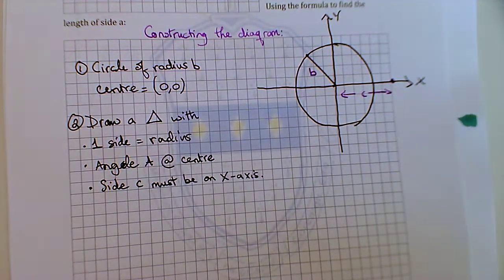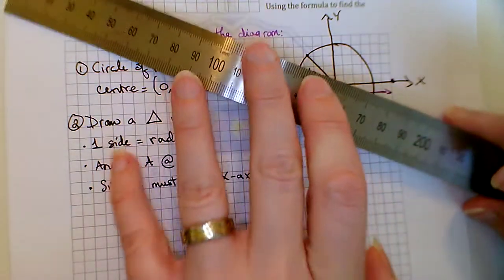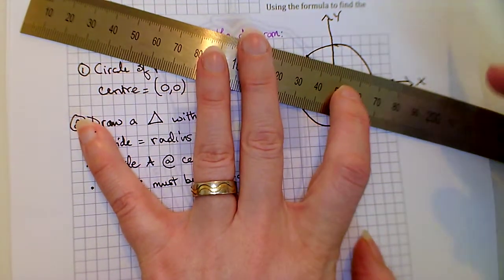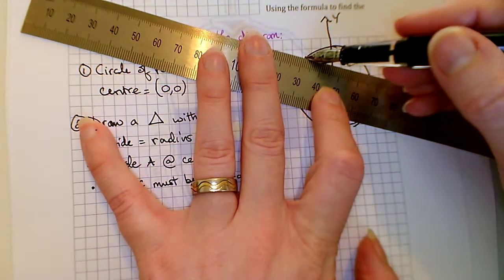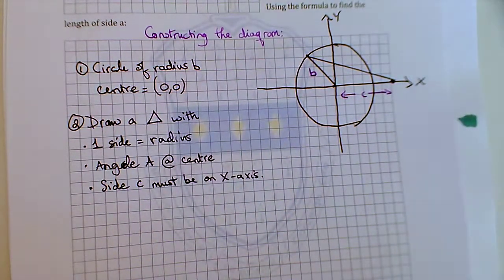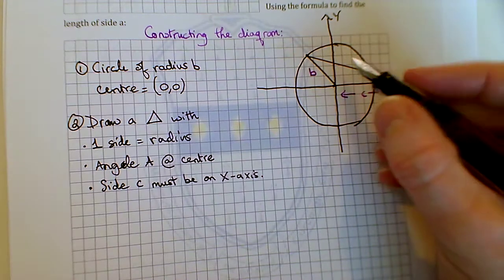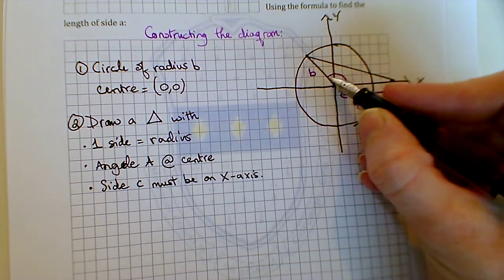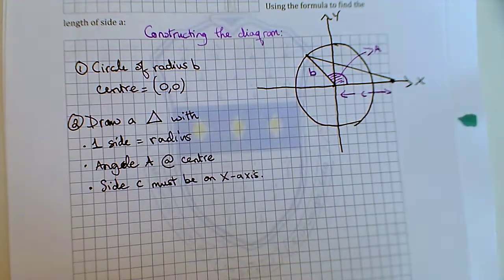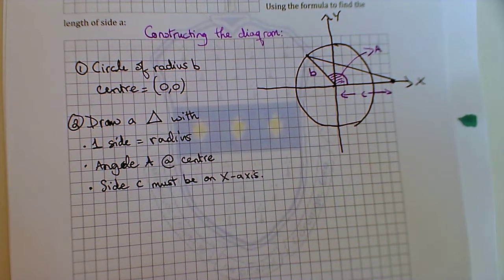So when I complete my triangle, joining these two sides together, here's what my triangle looks like with the angle A at the center there. So that's the angle A at the center. Okay.